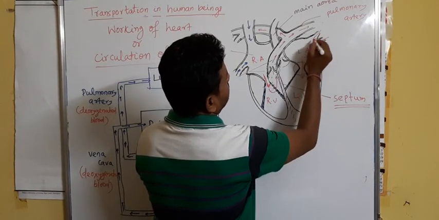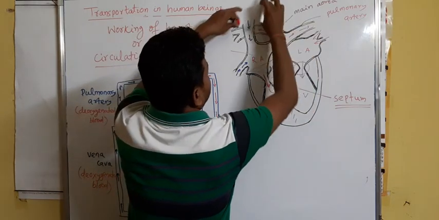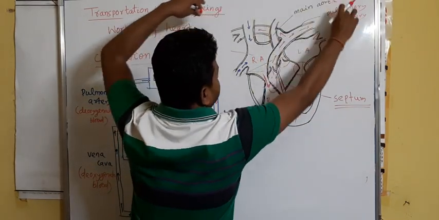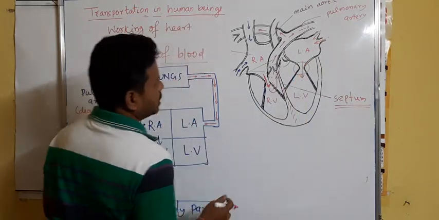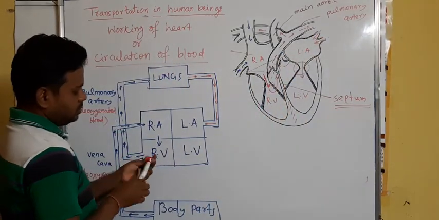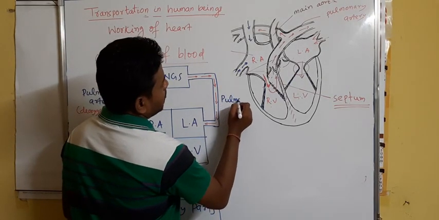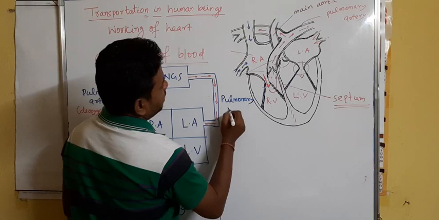The blood reaches from the lungs. From these two lungs, it is again collected, and the name of this blood vessel is called pulmonary veins.